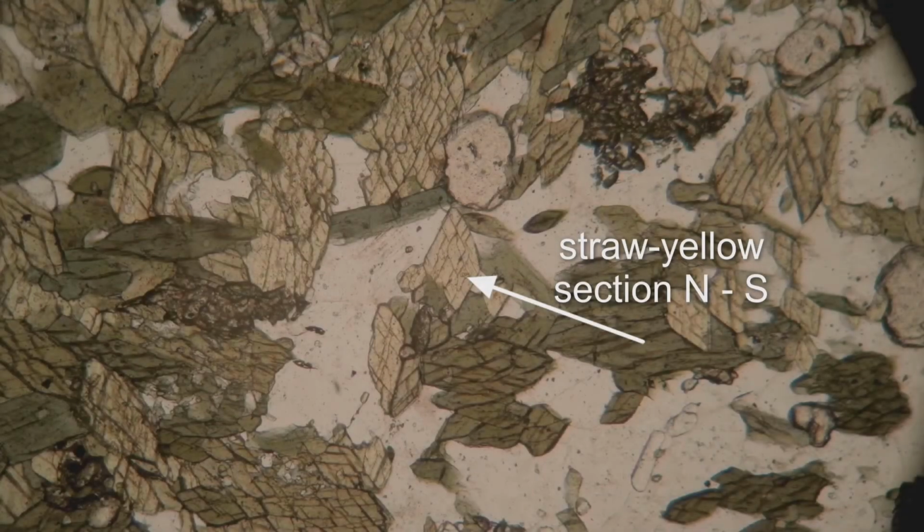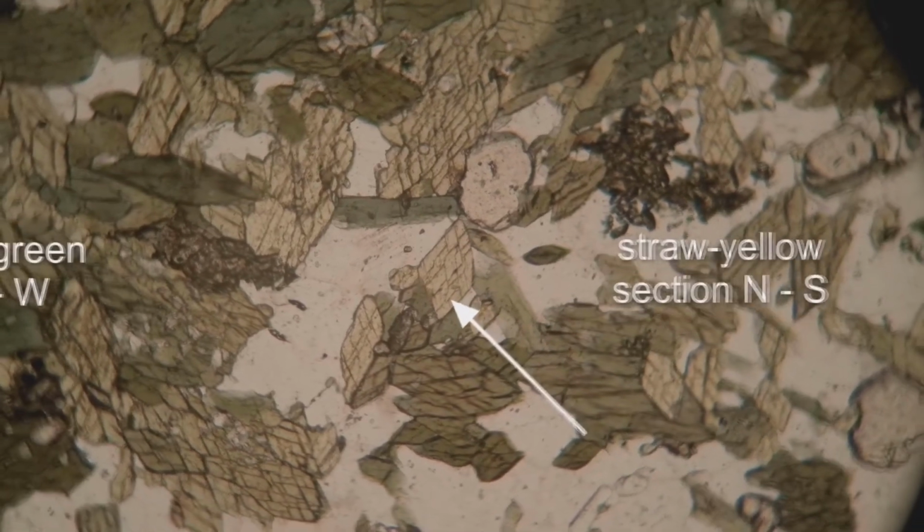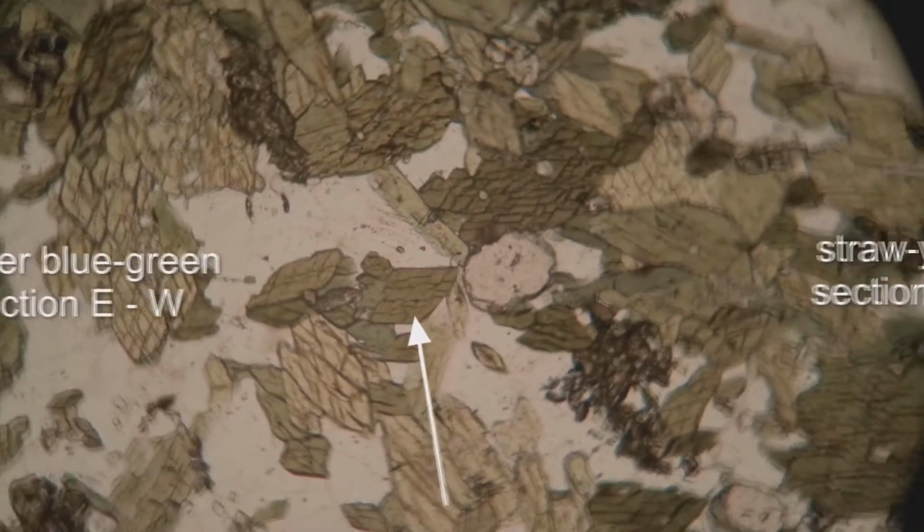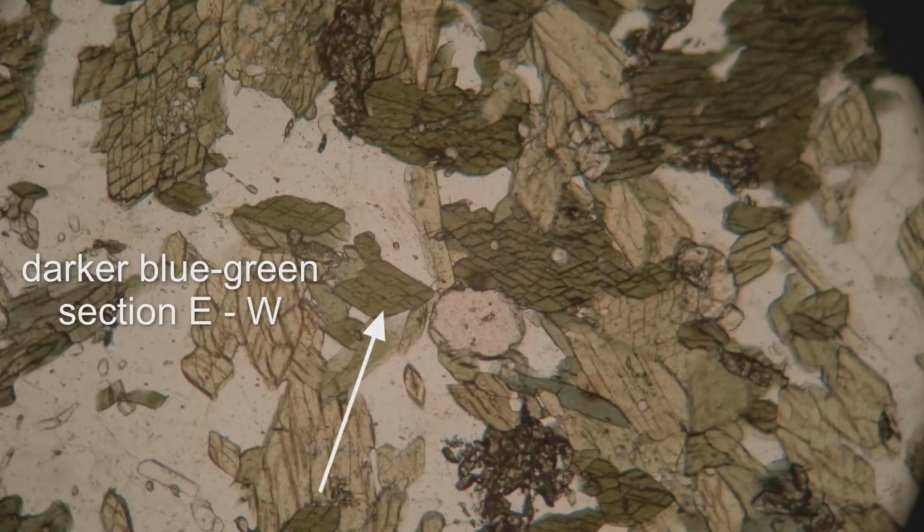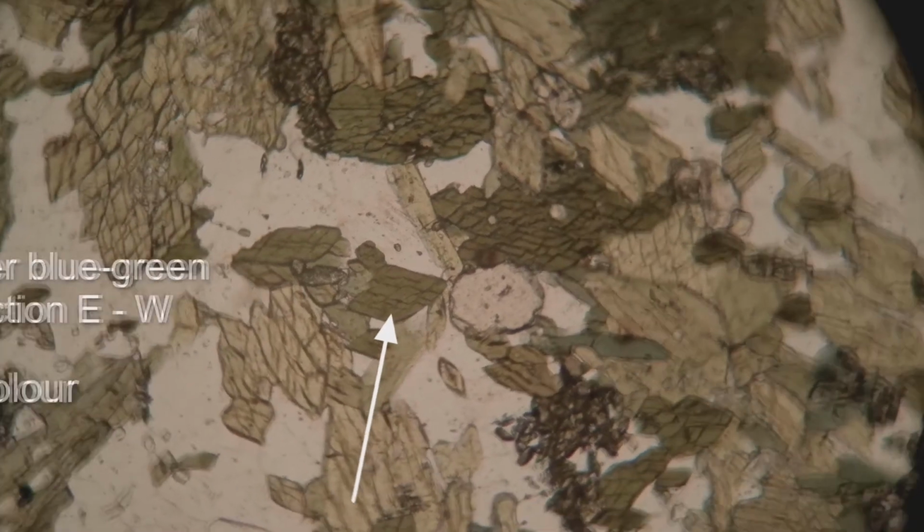Under higher magnification, it is also easier to see the pleochroism, that's the colour changes in different sections of the hornblende as the stage is rotated through 90 degrees. In this basal section, the hornblende is a straw yellow colour when the section is north-south. The same section is a darker blue-green colour when the section is east-west.